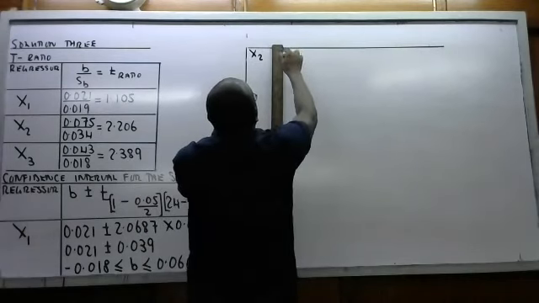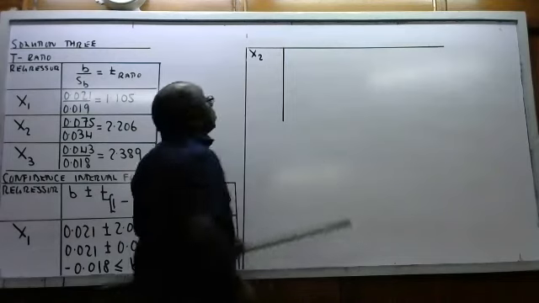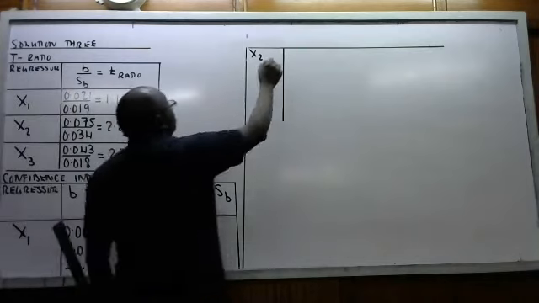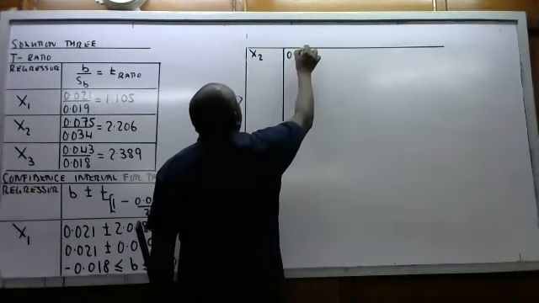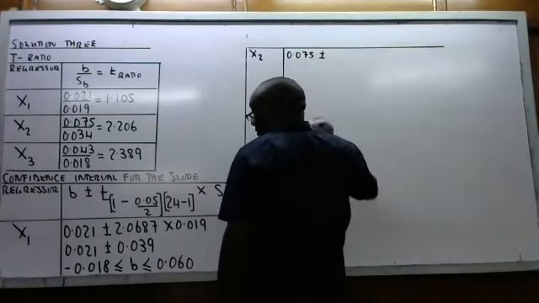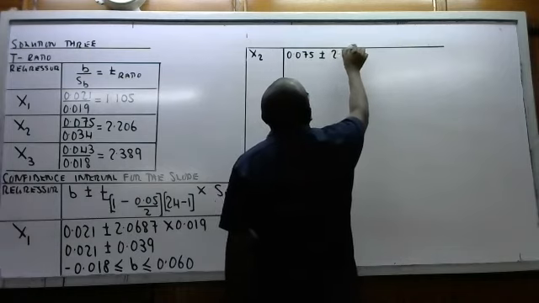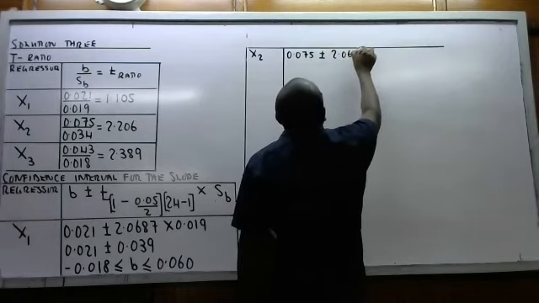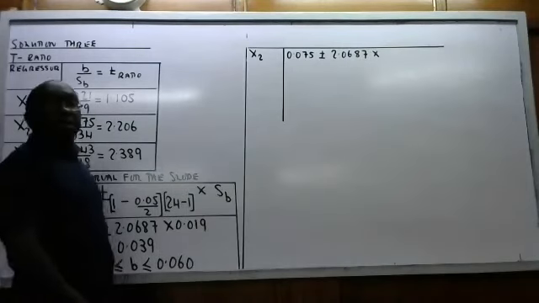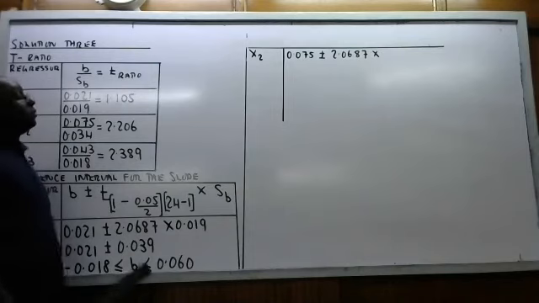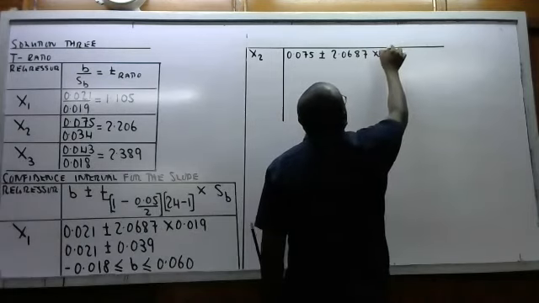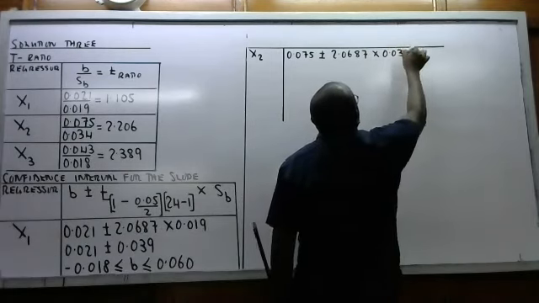For X2, we take the slope. The slope is 0.075, plus or minus. This one remains 2.0687, multiplied by the error, which is 0.034.